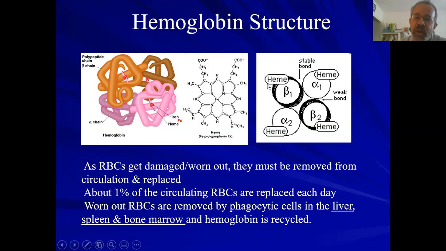So 2 beta and 2 alpha. Within each of these 4, we have a molecule in the center known as heme. And heme is the iron-containing compound, which is very important because it's the heme where the oxygen is going to bind. So you wonder, where on this molecule do oxygen and CO2 bind? They bind right to that little heme molecule.